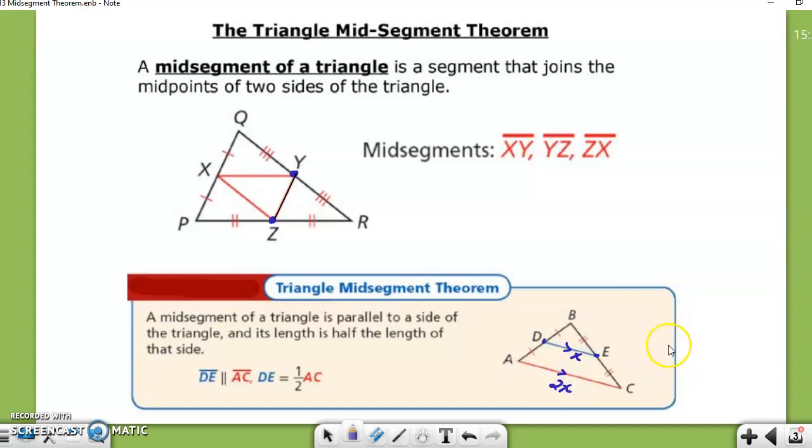And if we want to think of it in reverse, draw this again: B, D, A, E, C. I'm going to make this a mid-segment. If this was x, this would be 1/2 of x. That's the way it's going to work either way.